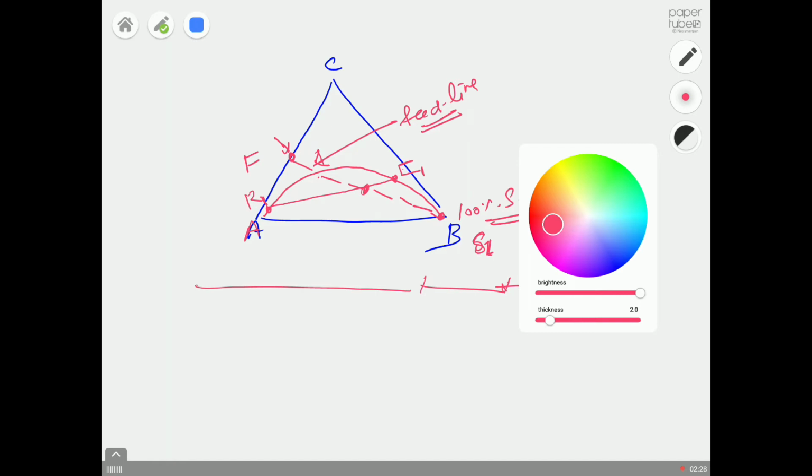Just imagine we have a tie line and we have the feed line, and you want to know what the composition will be at this particular point where the feed line cuts your tie line, say any tie line, it can be this tie line or another tie line.